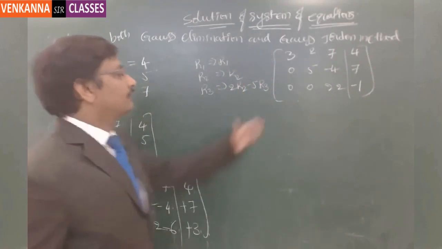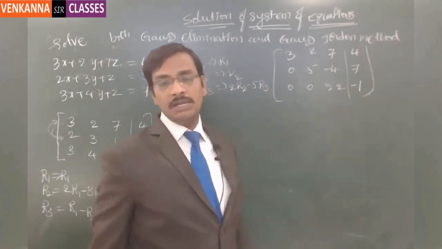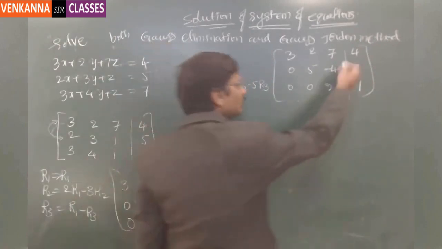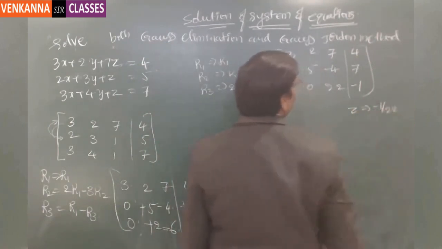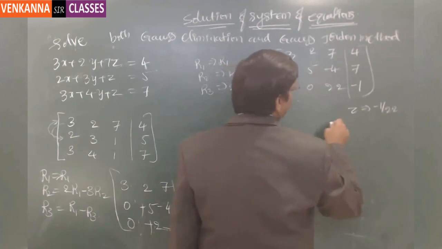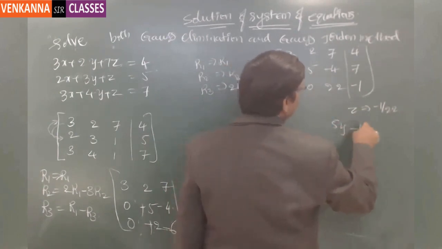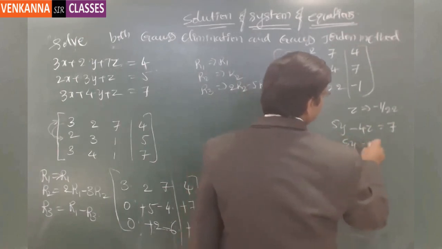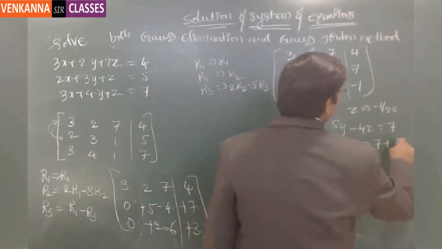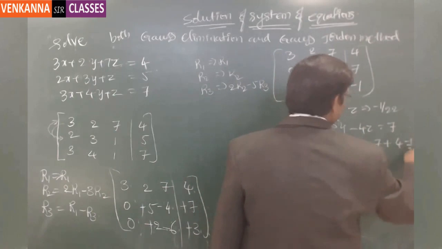So here, if the Gauss elimination method is adopted, then from here you can substitute z is equal to minus 1 by 22, and 5y minus 4z equal to 7. So 5y equal to 7 plus 4 times minus 1 by 22.